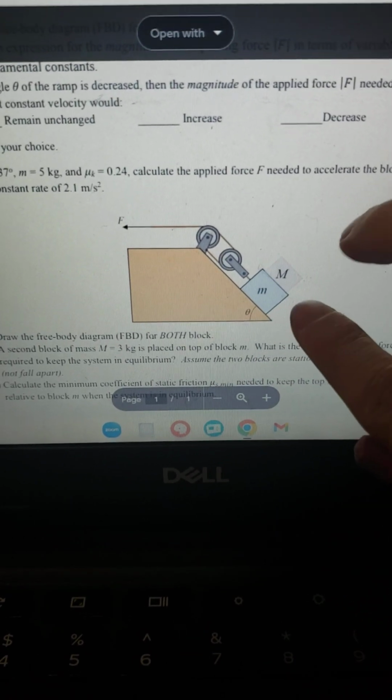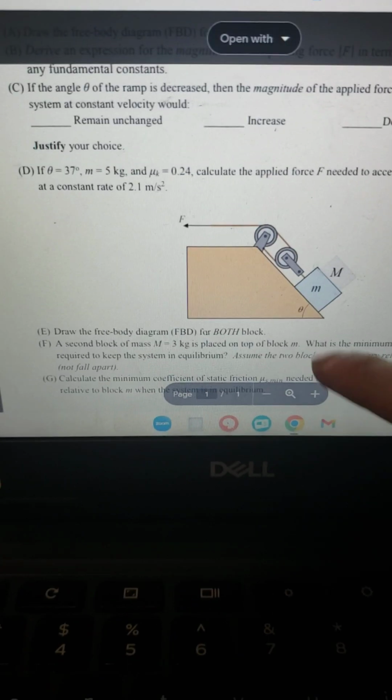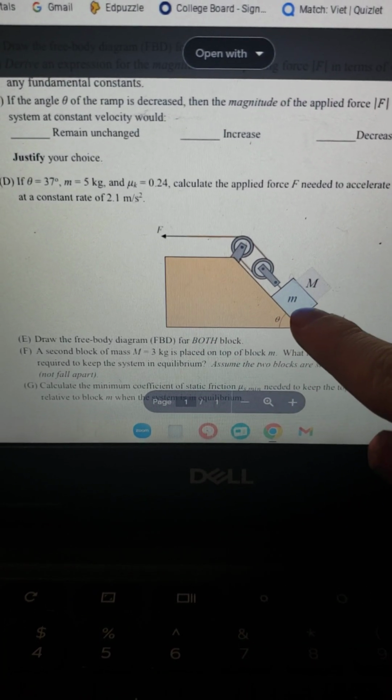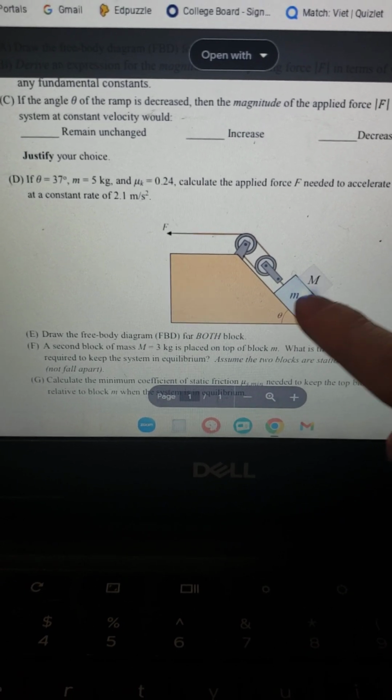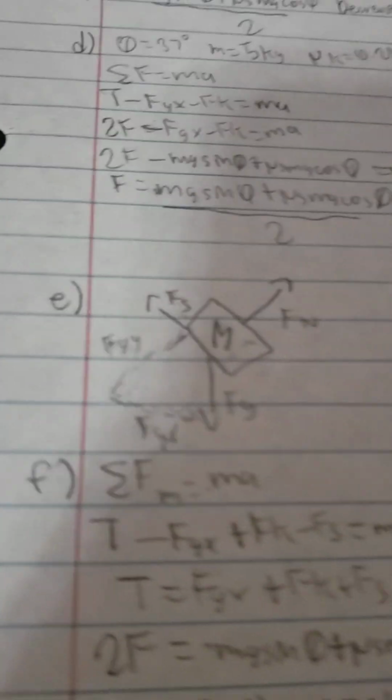So when you calculate the Fn and use the mass, you have to use 5 plus 3, which is 8. This m is also being attached to another mass. So when we calculate the Fn for the f of k, we have to combine both of them. For just f of n, by the way.